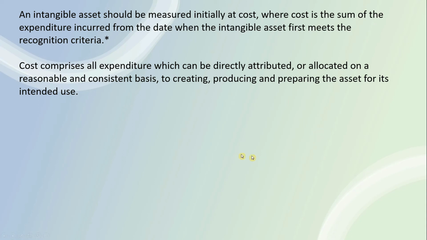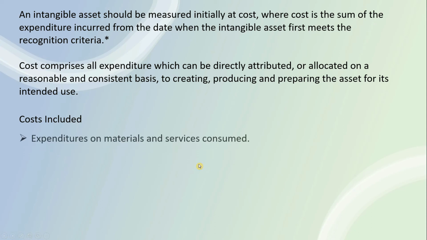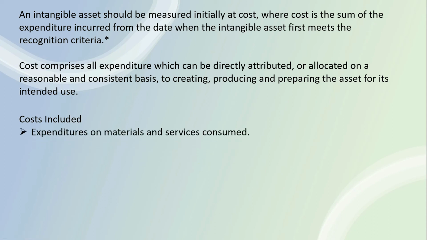When the machine is going to be used, at that time we recognize the cost as an intangible non-current asset. So the cost included as an intangible non-current asset is expenditure on materials and services consumed, meaning the materials and services related to the production of the product itself, materials used to produce the product itself.